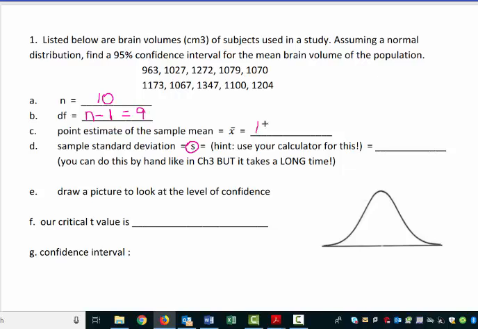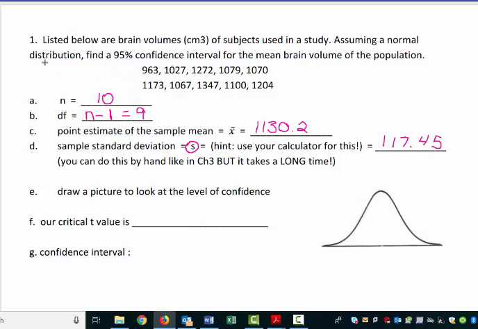Remember this one was 1130.2, and the S, be careful, it is the sample, is going to be 117.45-ish. Definitely do it in your calculator.